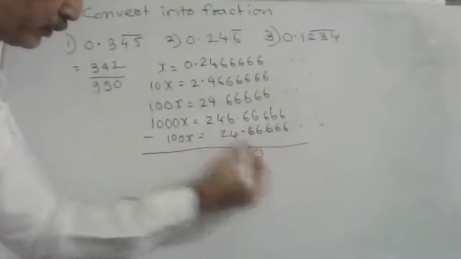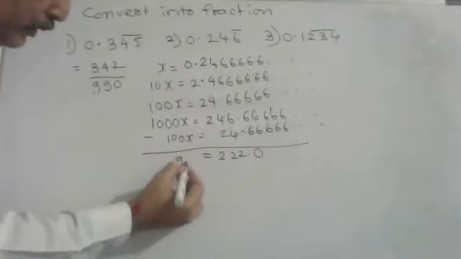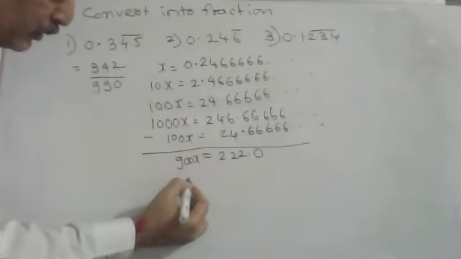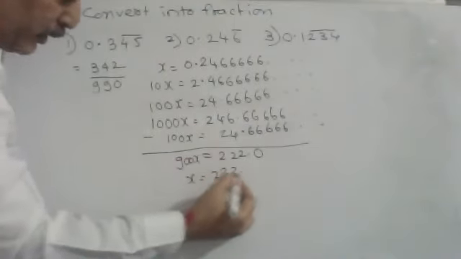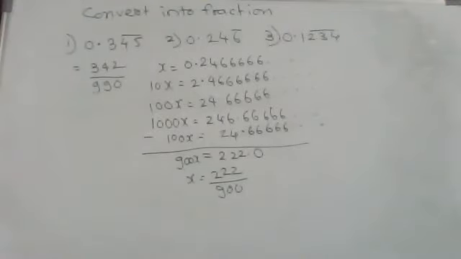After the point there will be 0, and this will be 222. This will be 900x. So x is 222 upon 900. Check your answer.